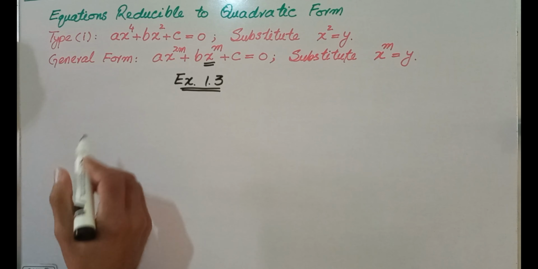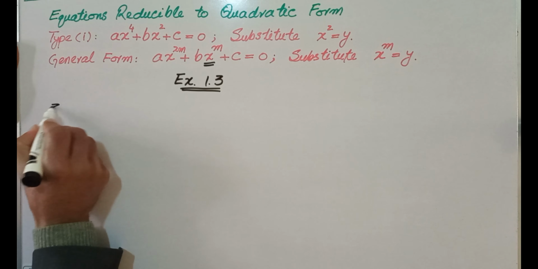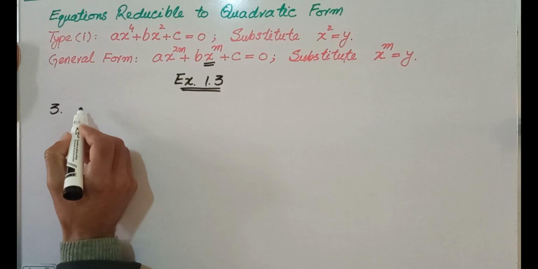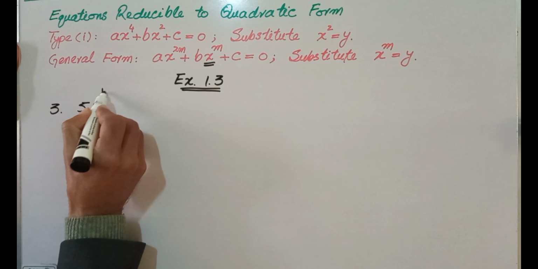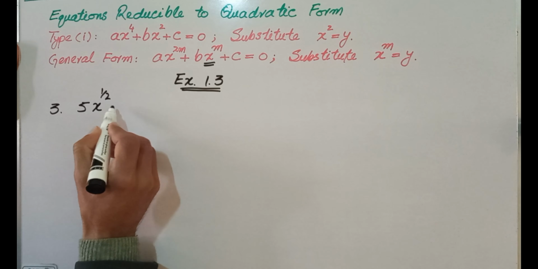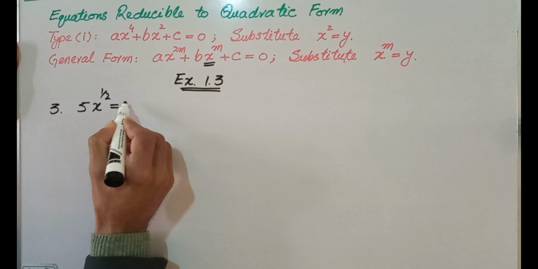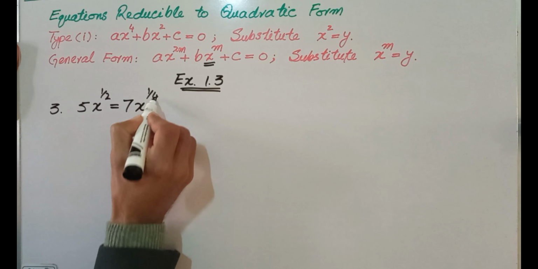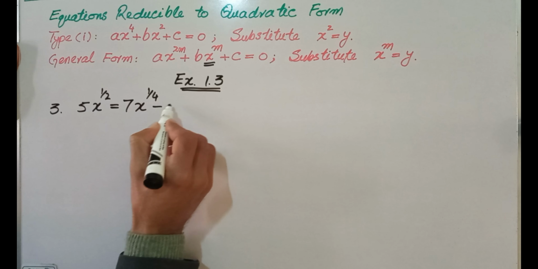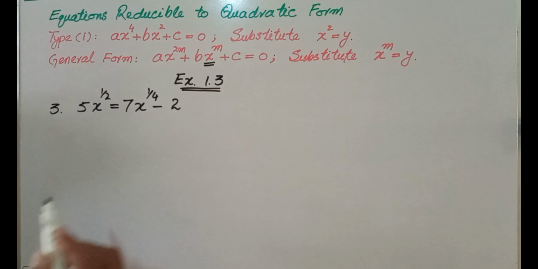Now we consider question 3, which is given as 5x power 1 over 2 equals 7x power 1 over 4 minus 2.